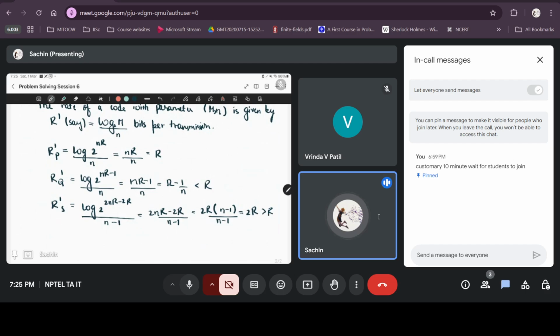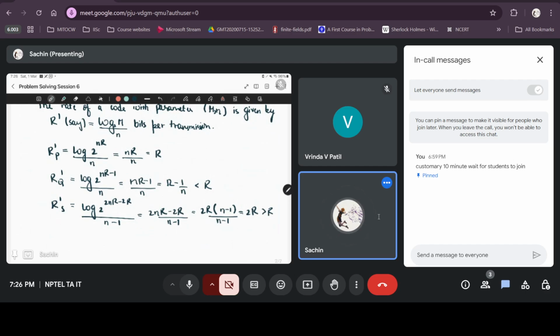So since rate R is achievable, that means capacity is the supremum over all achievable rates. So if some rate is achievable, then that rate must be less than or equal to the capacity.